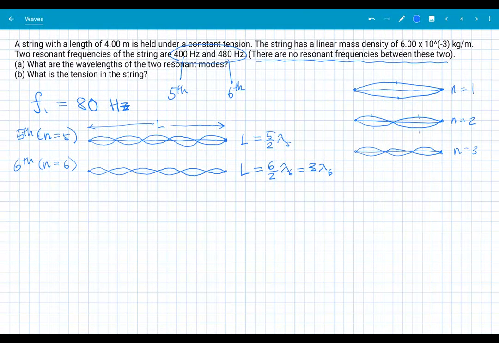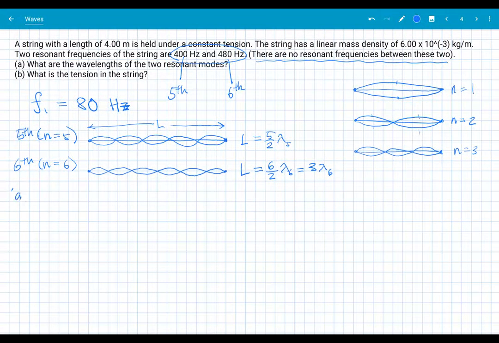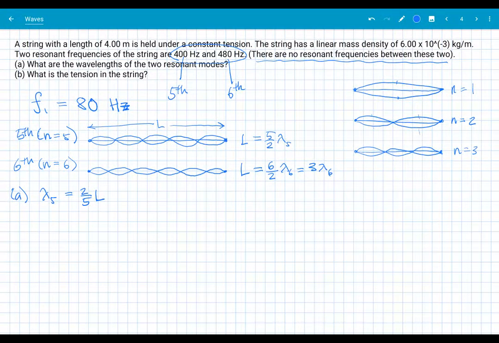So we're on our way to answering part A then, right? So for part A, I can say that lambda 5 is equal to 2/5 L. And then if I sub in my 4 meters here, I'll get 1.6 meters as my numeric answer.